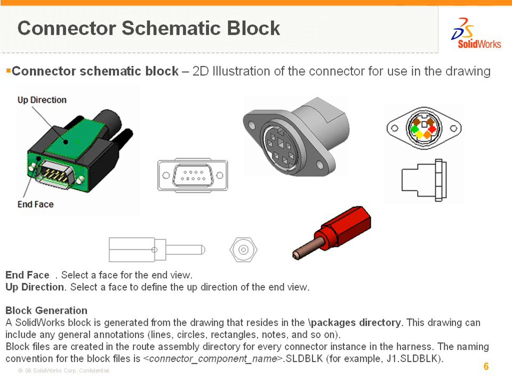A SOLIDWORKS block will then be generated from this drawing, and it will reside in the default library location under the Harnesses Packages directory. The block files will then be created using the same name as the connector itself. And with that, we'll go into SOLIDWORKS and show this.